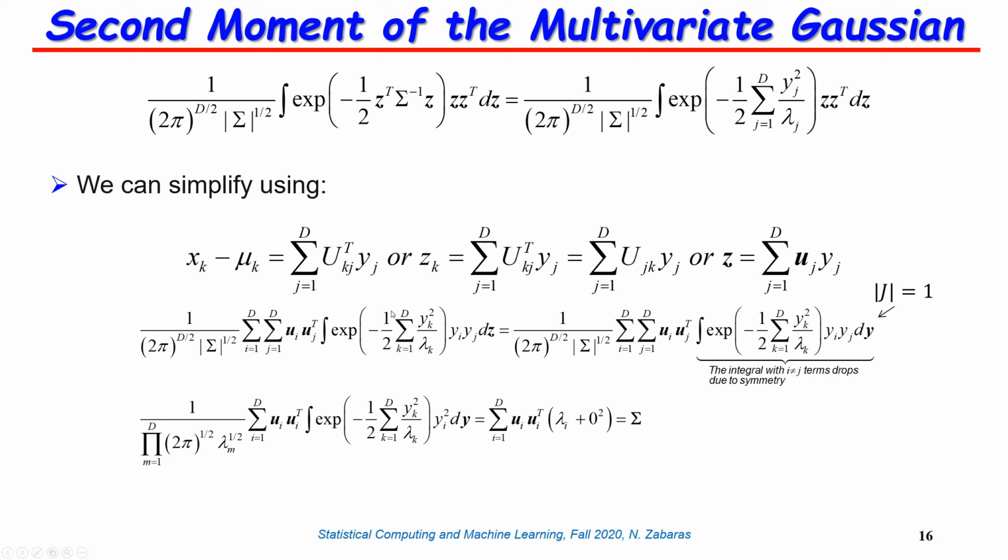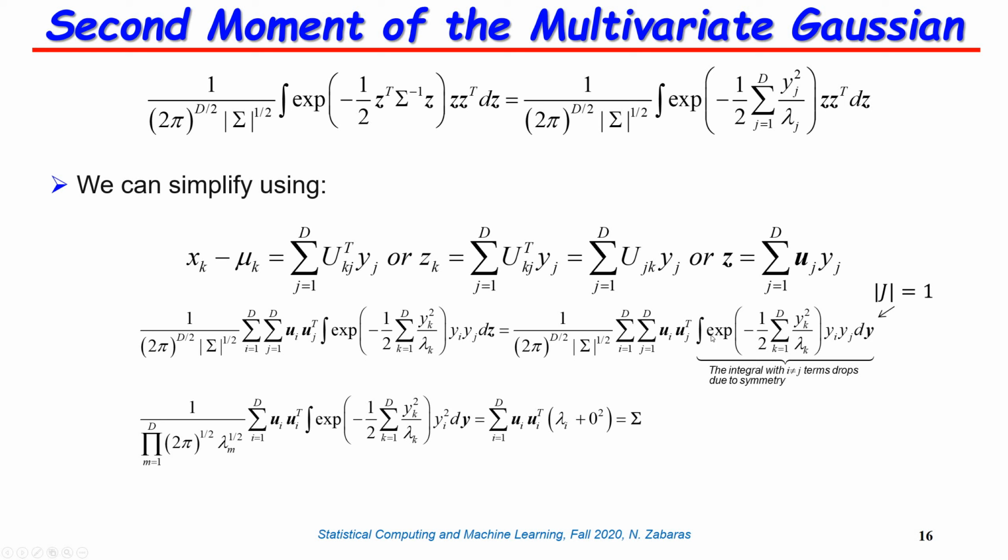Effectively, what I get is integrals with a double summation in i and j, and by the way, dz we can write as dy, because, as I mentioned, I derived before that the Jacobian of the transformation is equal to 1.